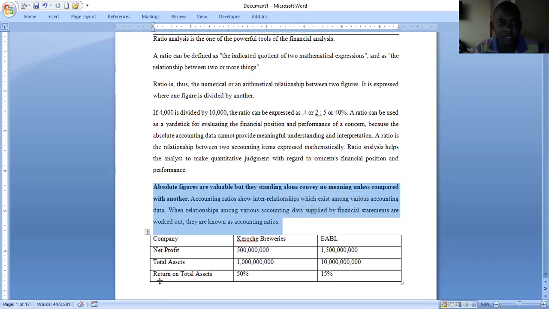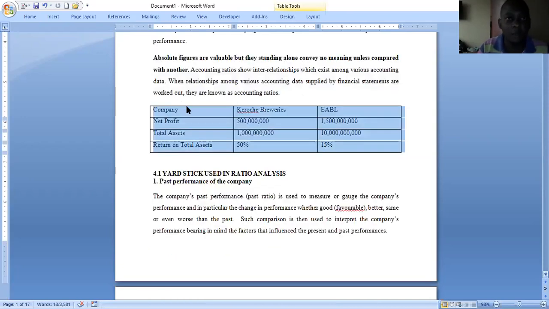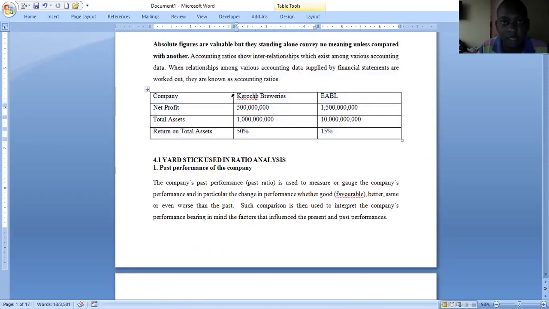So take for instance, as shown in the table below, you have two companies there. We have two companies, that is Keroche Breweries and East African Breweries, just as an example, not giving the real details here. So you've been given the net profit of Keroche being 500 million shillings and the net profit of EABL being 1.5 billion shillings. These are absolute figures.